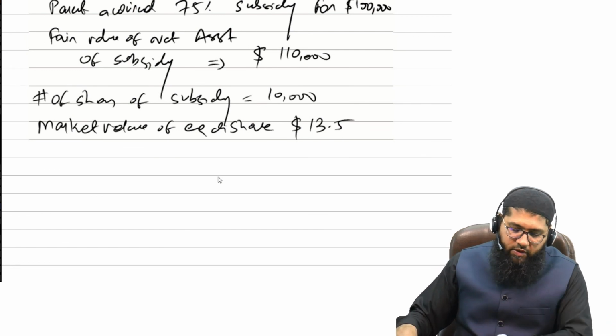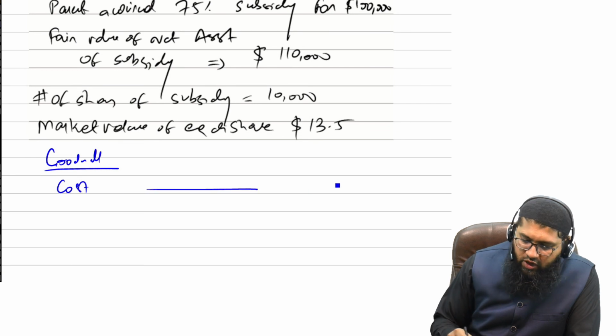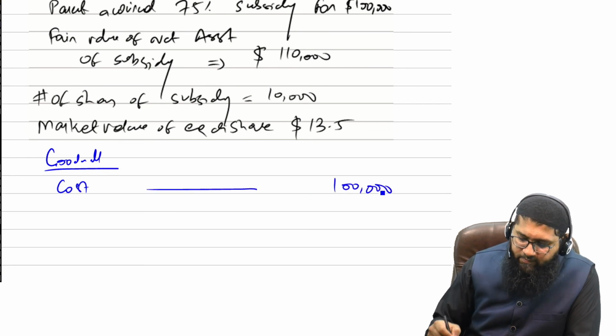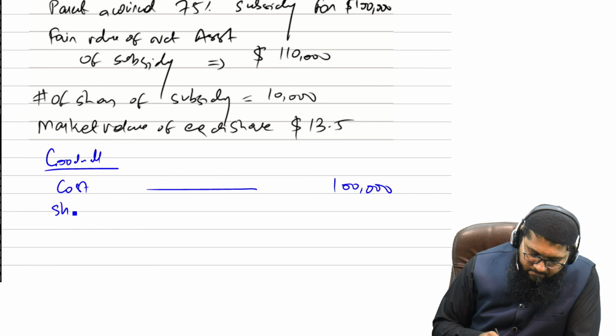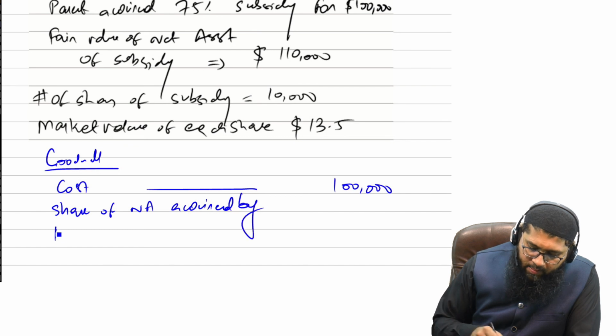See the logic. Cost of investment 100,000. Share of net assets acquired by parent.